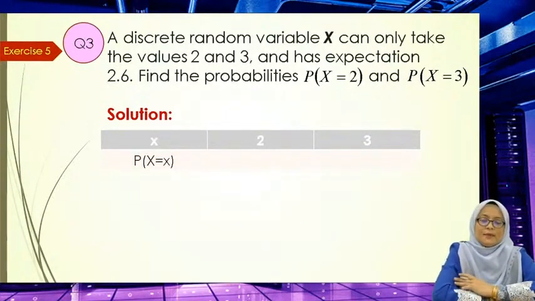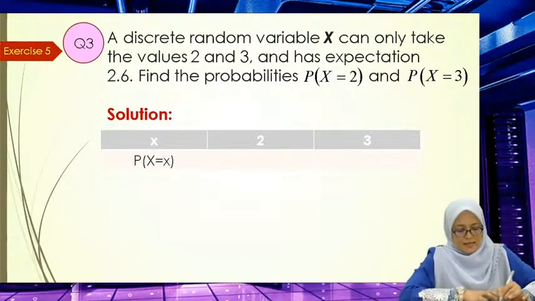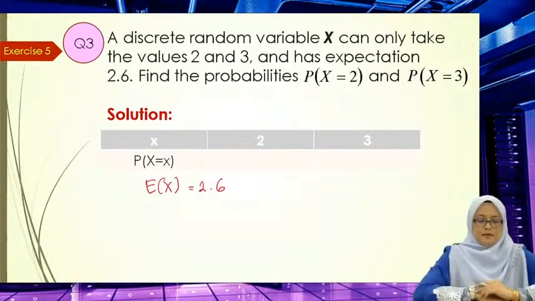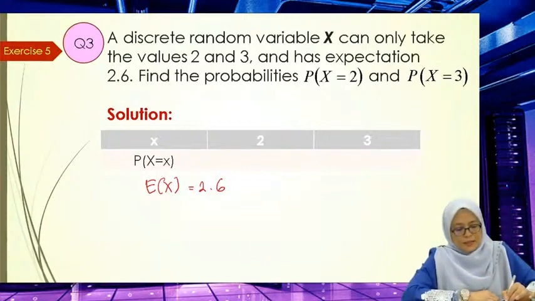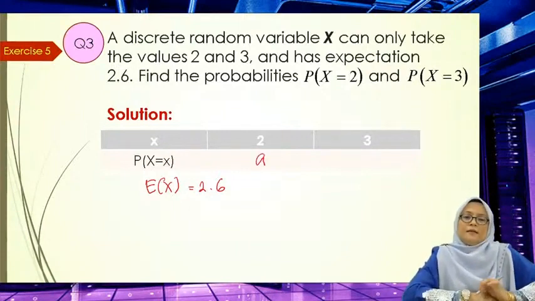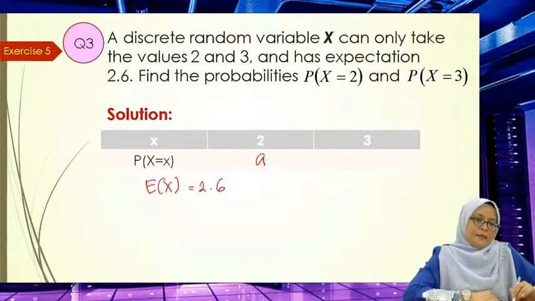So kita hanya boleh ambil nilai X equal to 2 dengan X equal to 3. So given here is expectation X is 2.6. Okay, so probability kita tak tahu tapi kita boleh assume. Katalah untuk X equal to 2 kita assume probability A. So kalau probability x equal to 3, kita akan ambil sebagai apa?